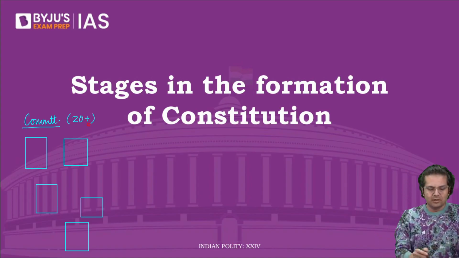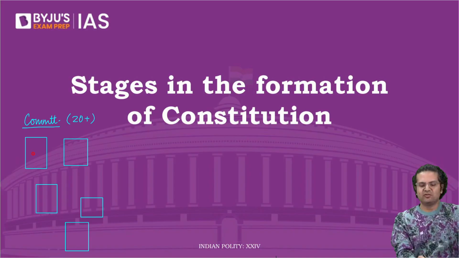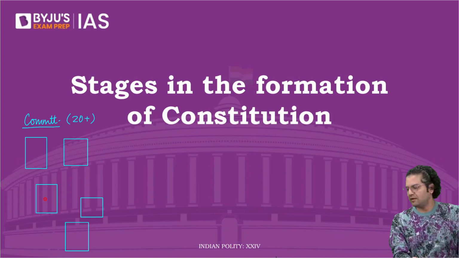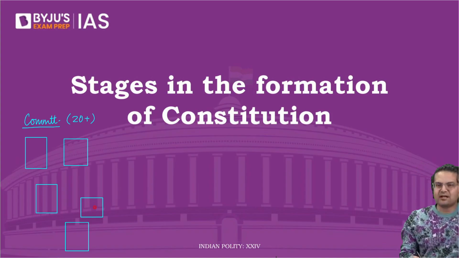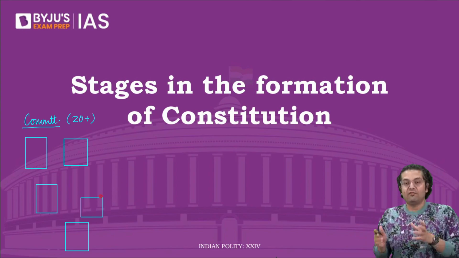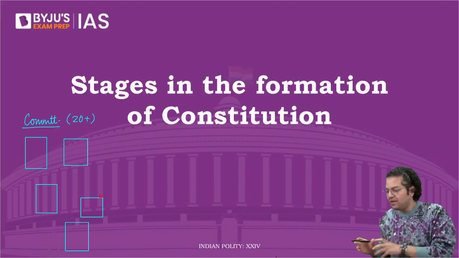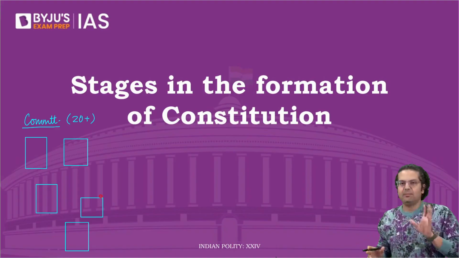They were told, listen, you 10 people prepare some provisions on rights, prepare some provision on union's power, prepare some provision on judiciary, prepare some provision on elections, etc. And these committees prepared their own recommendations of what they felt should be a part of the constitution on the topic that was given to them.